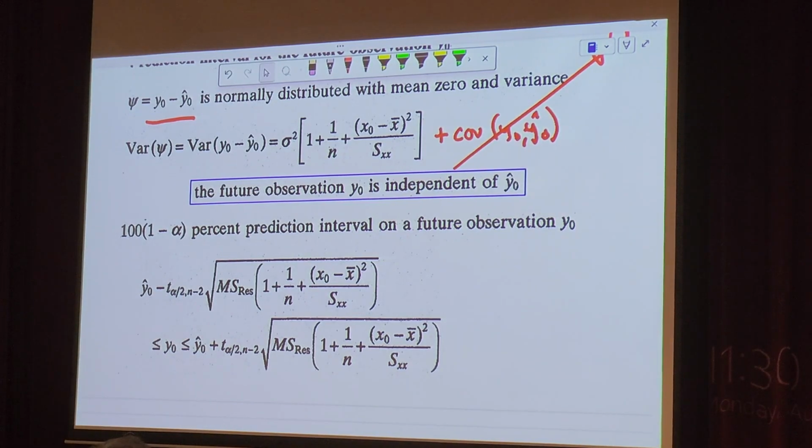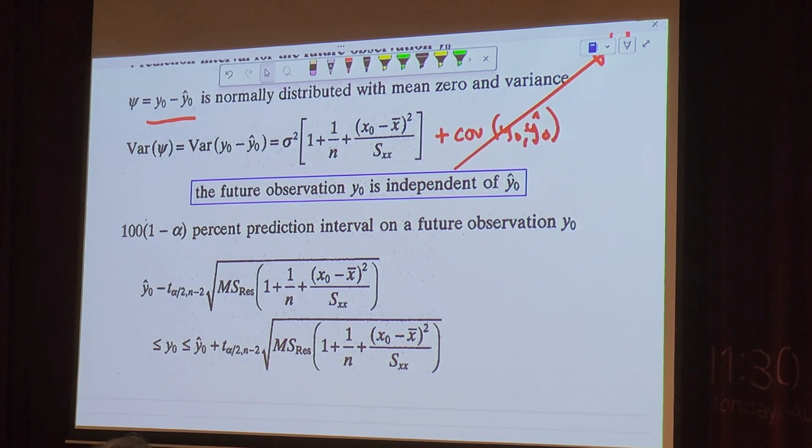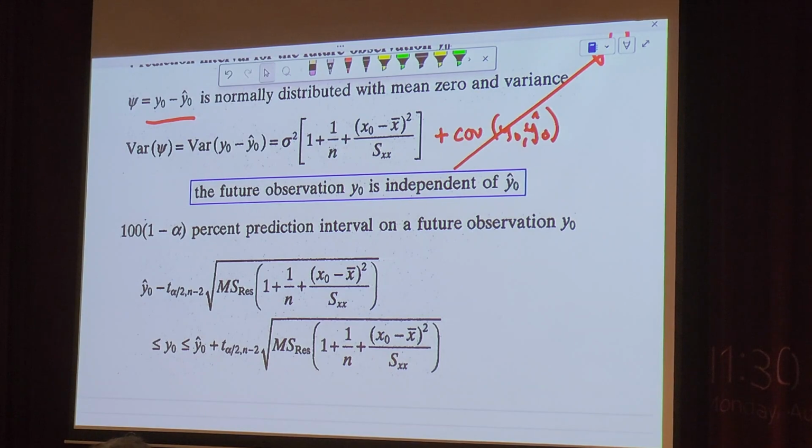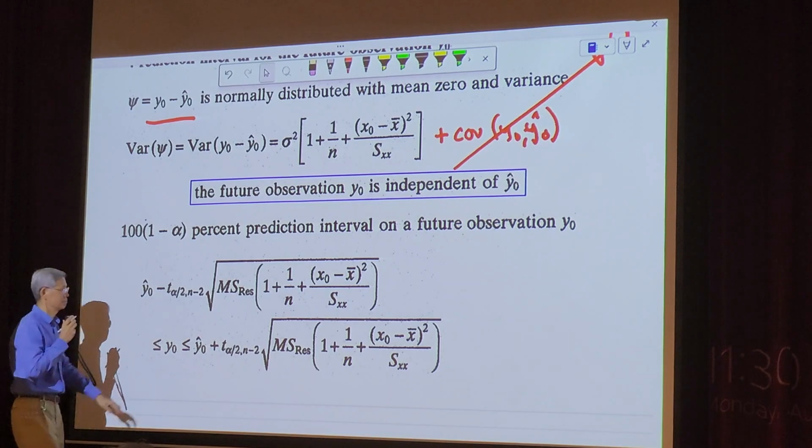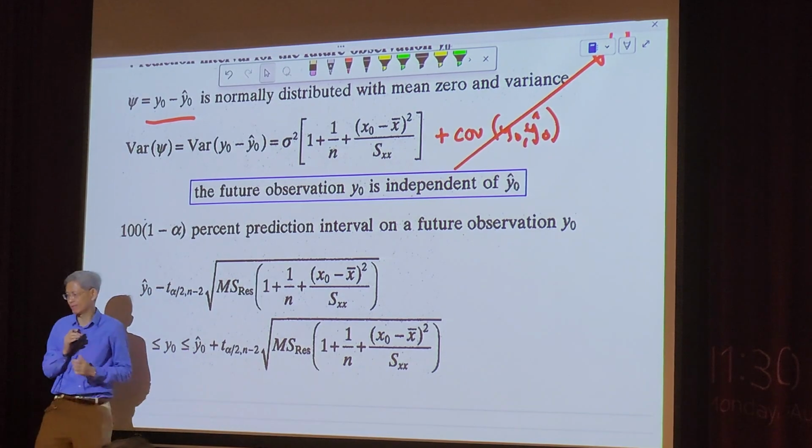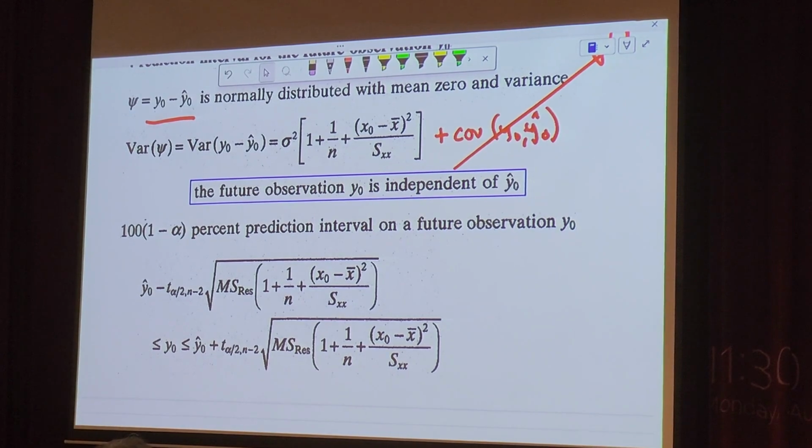In other words, it's easier if you want to estimate a constant. To predict a random variable is harder, and there will be more variability. Okay, that's what it is.